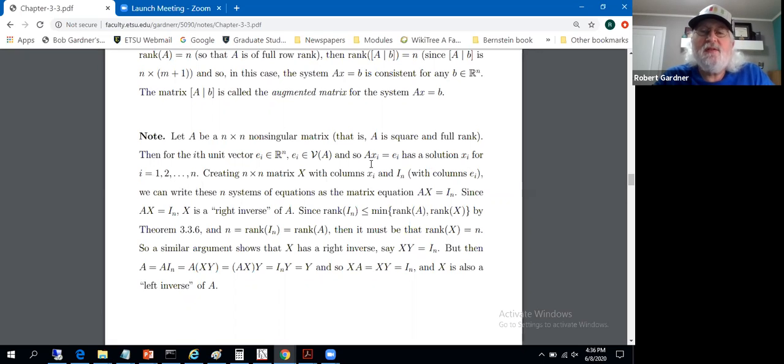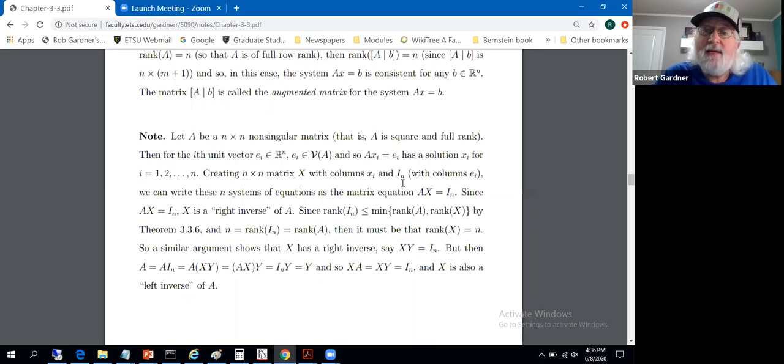where we're looking for x1, where Ax1 equals the first standard basis vector, x2, where Ax2 equals the second standard basis vector. Of course, what we're going to do is put those standard basis vectors in a matrix.